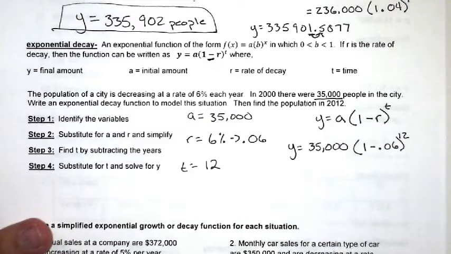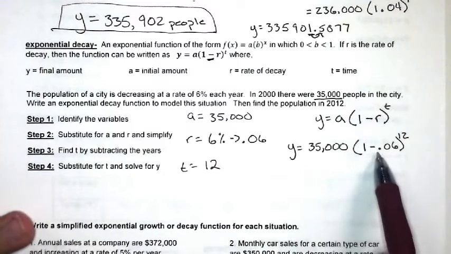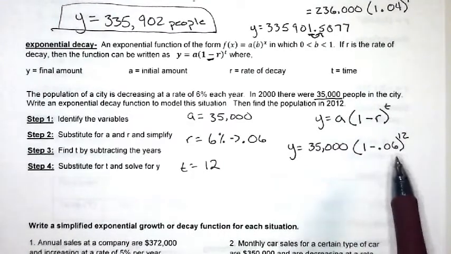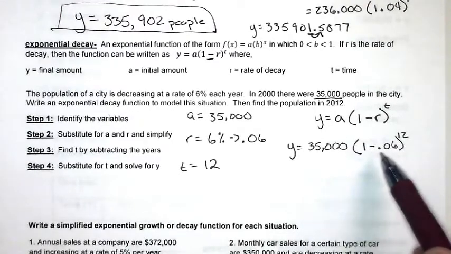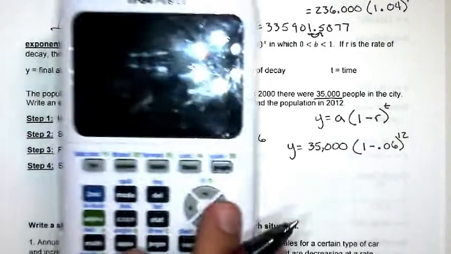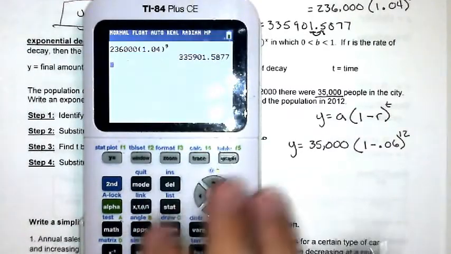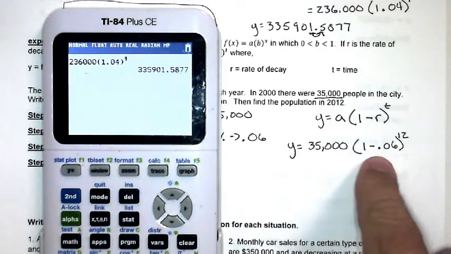Now I could simplify that. However, if I'm just looking for the y value, do I need to subtract that before I put it in the calculator? No, I can just type it as is. There will be situations, however, where it'll give you a word problem and the answer choices are the equation, and in the parentheses it will have this simplified.